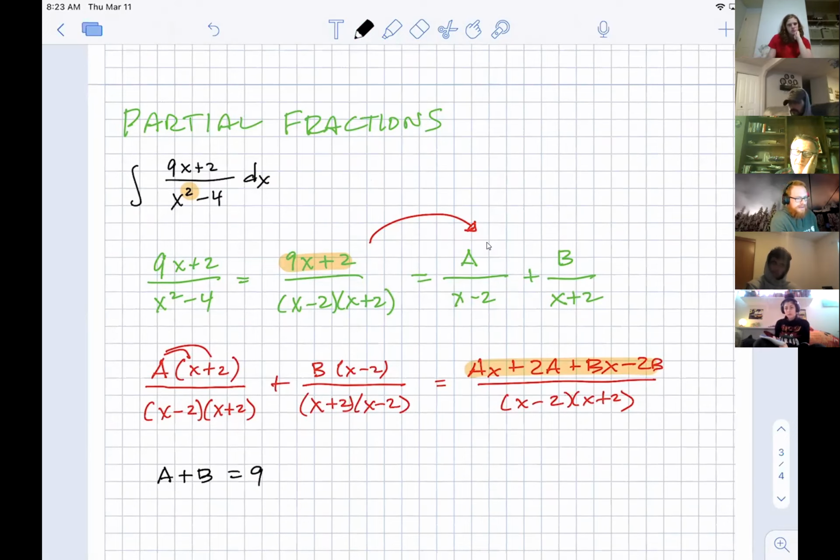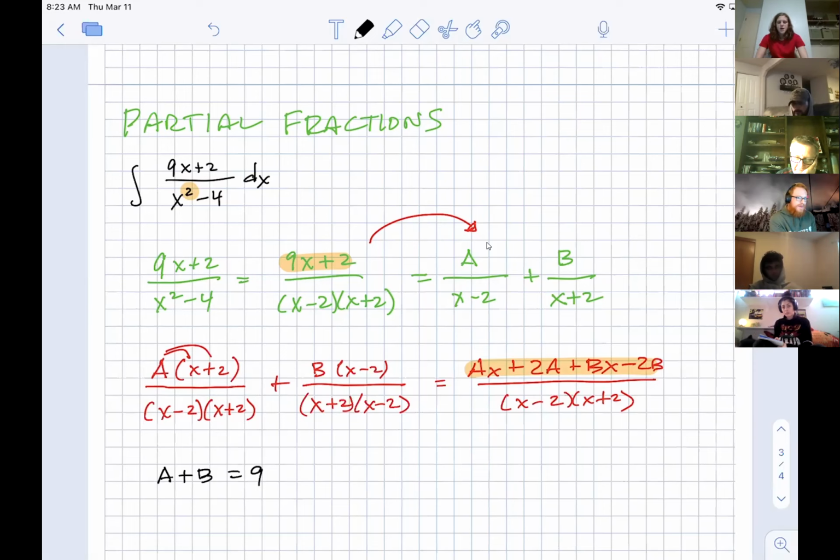It could be 5 and 4. 5x plus 4x is 9x, right? Can't you just solve that equation for b or a and then plug it into the other equation? That way you have one variable, and then you can solve for it and plug it back into the previous. Yeah, there's a number of ways this could be done. I think this is the easiest to see maybe, but there's lots of ways to do this.